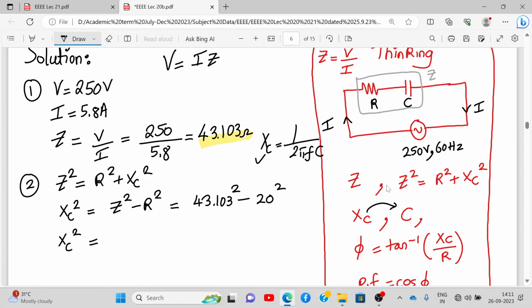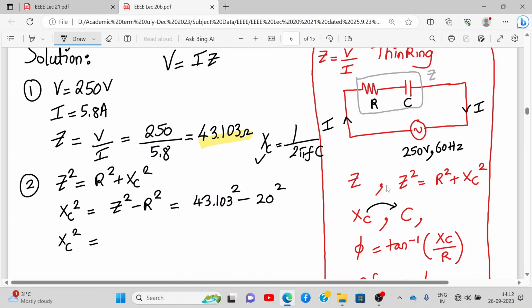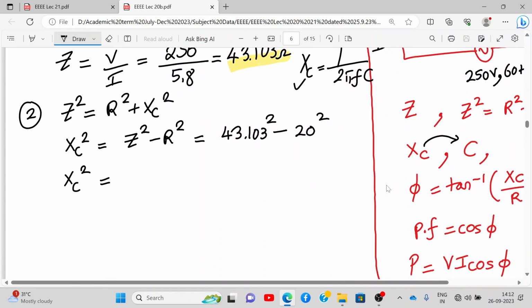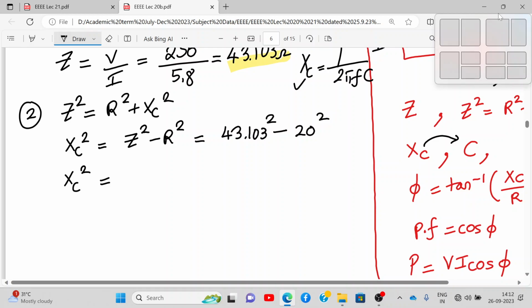Not XC, XC square. 1457.86. So how much is XC?